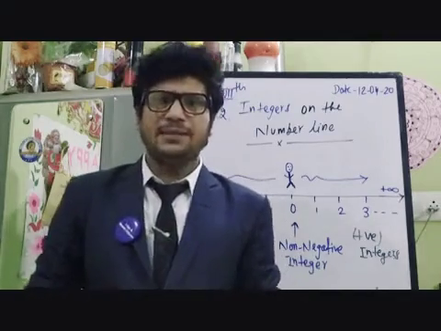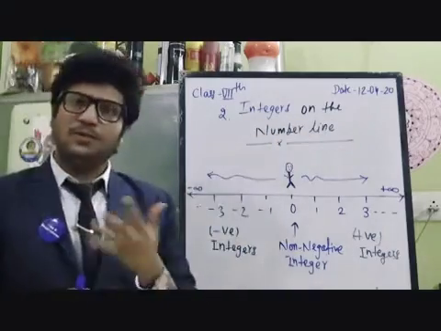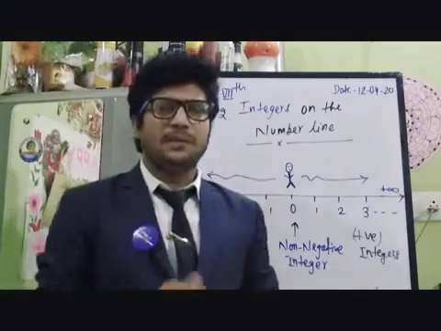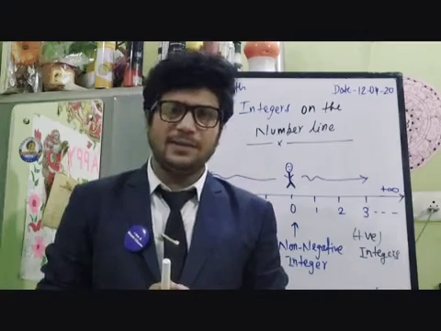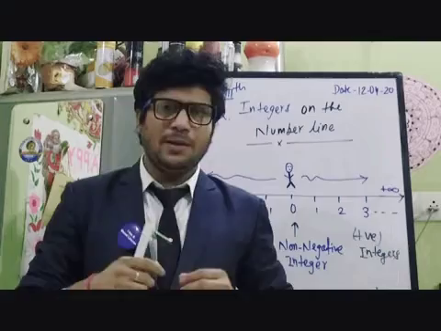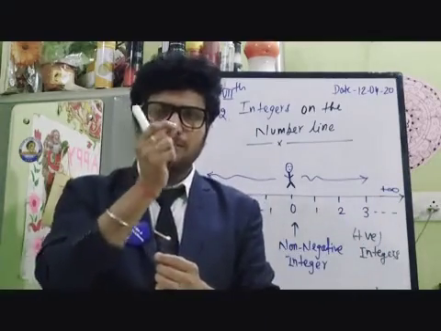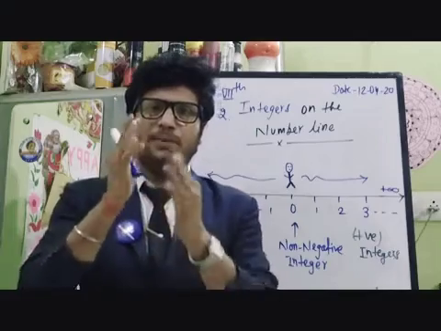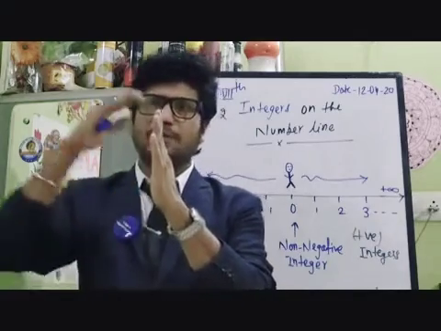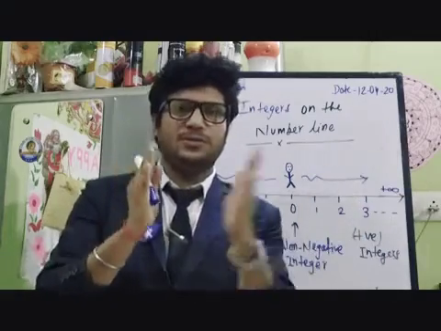Now similarly, integers on the number line are also the same. You already know this is the combination of positive integers, negative integers, and including one 0. So we keep 0 in the middle, positive numbers on the right side of 0, and negative numbers on the left side of 0.